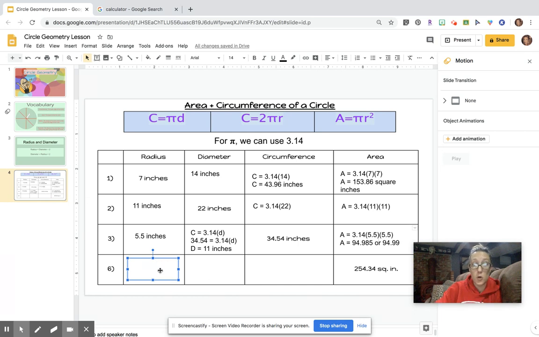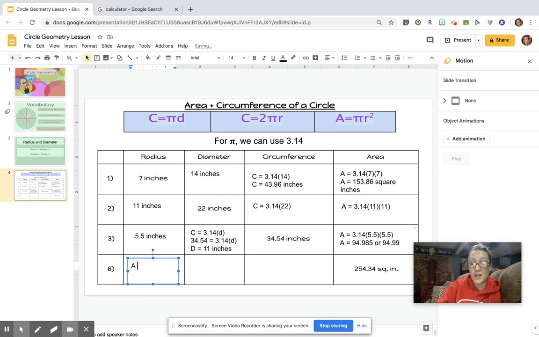I know that area is equal to 3.14 times the radius times the radius. Our problem is telling us that area is 254.34.